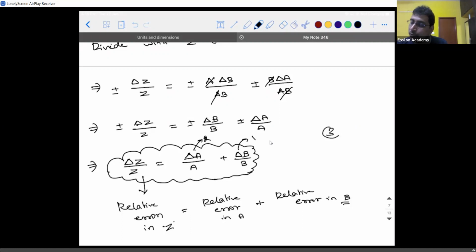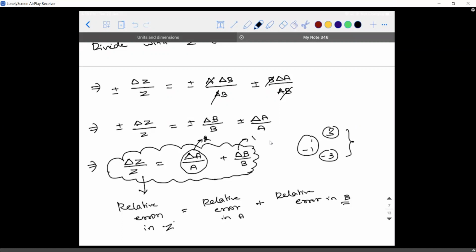So the maximum value is 3. Minimum value will be minus 3. Whereas what will be the other two values? Delta A by A minus delta B by B will be 1, and minus delta A by A plus delta B by B will be minus 1. These two are the intermediate values. Okay, sir. That is the meaning.